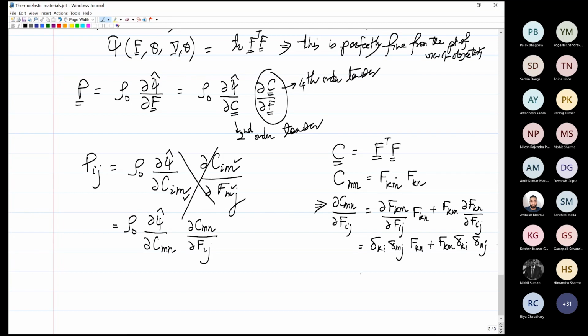Okay, and then you look at these two, you have summation over K, but since it's Kronecker delta, the K summation will go away and you have to replace K with I. So it becomes delta Mj into Fin. And likewise here, you see these K's are here, so it becomes Fim into delta Nj.